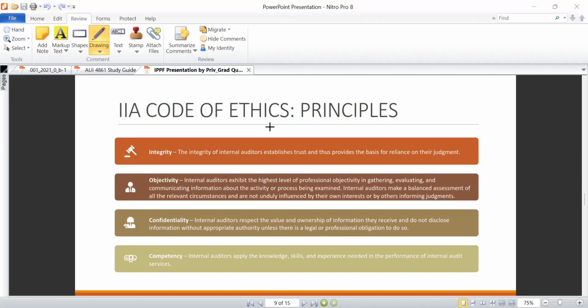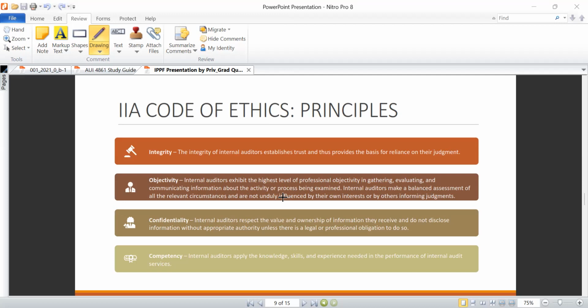How do we do that? Number one, by ensuring that we have no conflict of interest in our engagement with the client. And number two, by ensuring that our professional judgment is not unduly influenced. In other words, we are not put in a state where we have to be biased concerning the professional judgment that we are going to give.